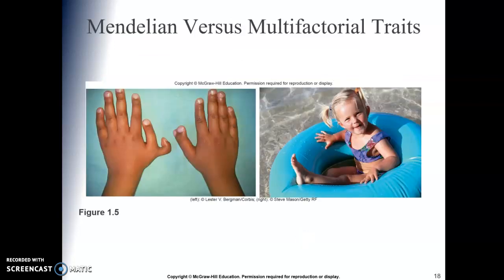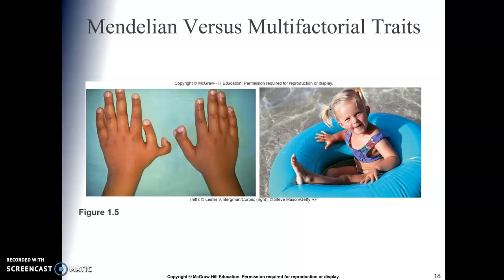This picture just shows a comparison of two traits. On the left, that's polydactyly, and polydactyly exists in humans as in many other species. You might be familiar with cats that actually have an extra toe, and in the cat world, sometimes it's I guess a desirable anomaly, just making that cat a little bit more unique.